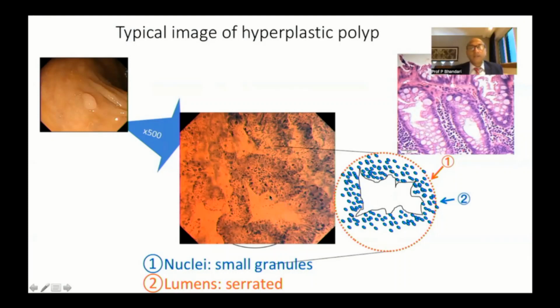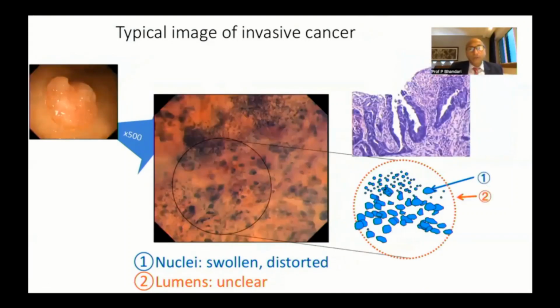See that? Wide serrated lumen. This is typical of a hyperplastic polyp when you use the endocytoscope. And when it's a cancer, the lumen almost disappears and the nuclei are distorted and of variable sizes. So you can make a diagnosis between hyperplastic, adenoma and cancer using this.